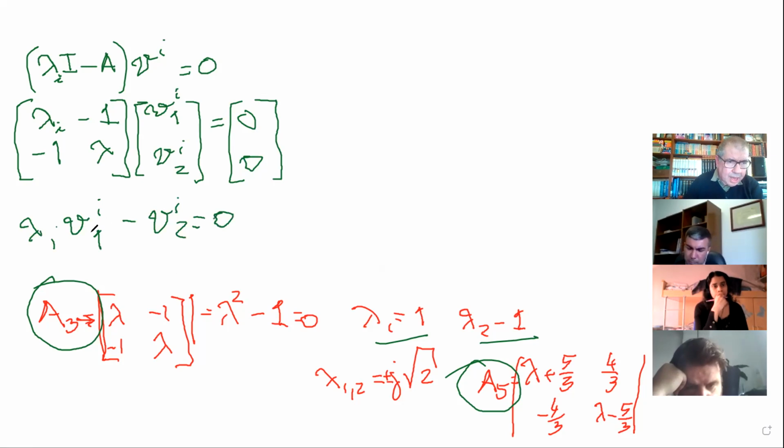But now I have two unknowns and just one equation. So I say Vi1 equals 1, so Vi2 is equal to lambda I.